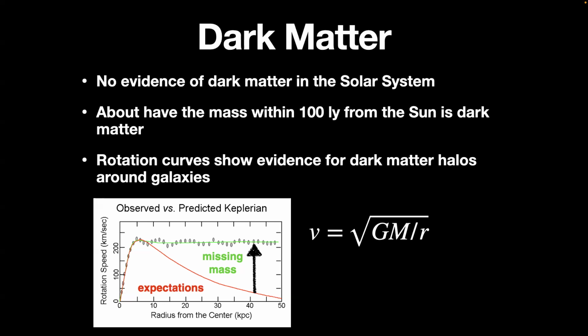We've seen evidence for dark matter around galaxies from our discussion of the Milky Way, but just to remind you, the orbits of stars in the outer part of the galaxy are faster than what we'd expect from Kepler's third law, which from this equation on the screen indicates that there is mass that we can't see. Remember, the orbits we expect from Kepler's laws are this red line right here, which slopes down, but what we see is something flatter called a flat rotation curve.